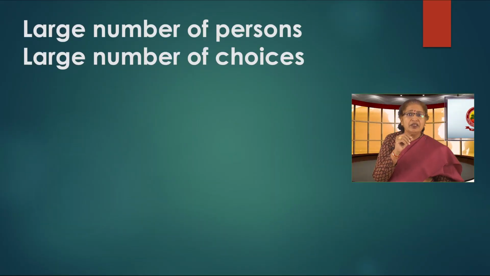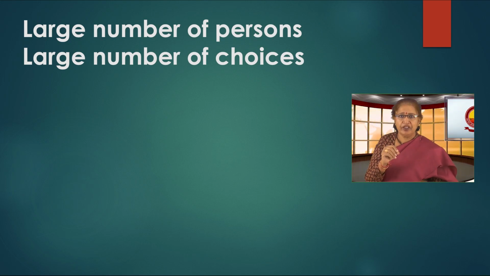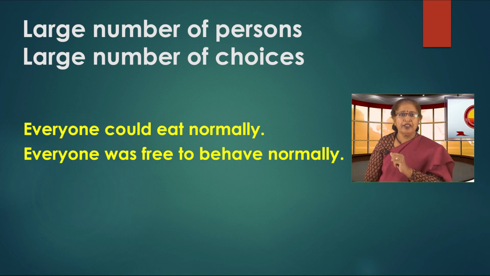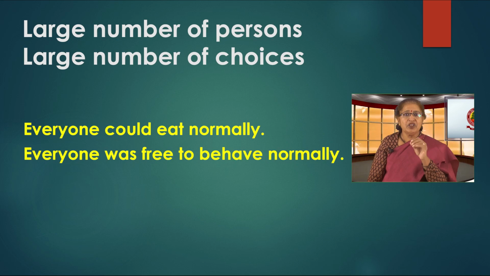Now, if we compare both the situations, we may find that in the second situation, on account of the large number of persons and hence large number of choices available, every one of them could eat normally, keeping his or her choice free.